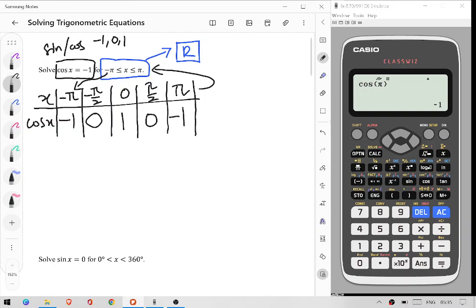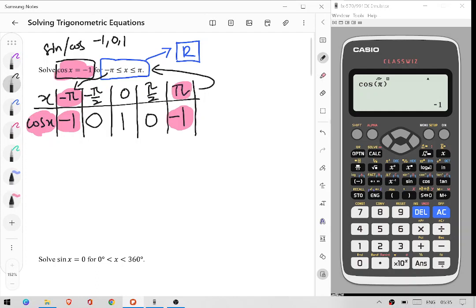Now the one that we want to find is, what is the value of x when cosine x equals minus 1? When cosine x equals minus 1, x is minus pi and pi respectively.